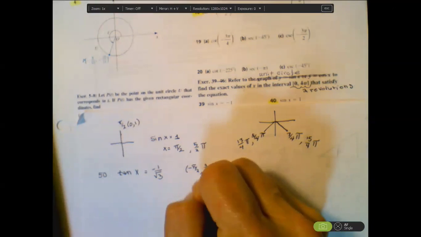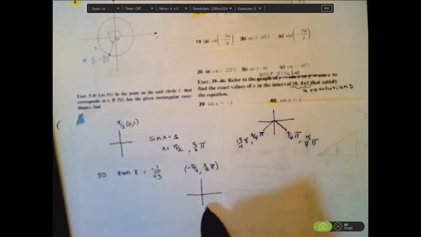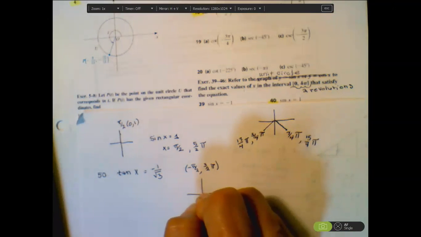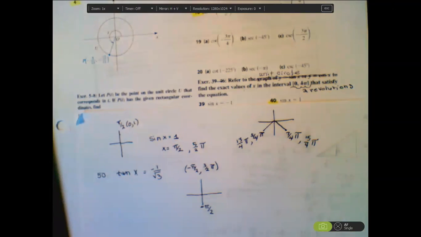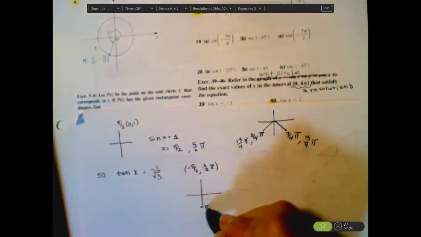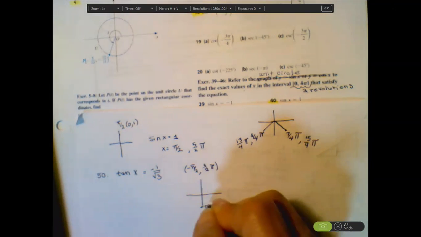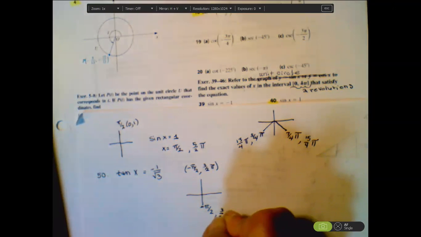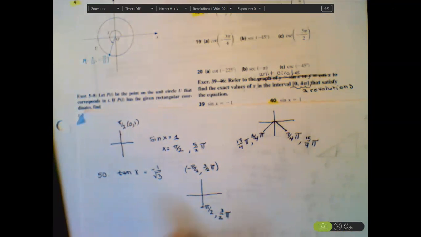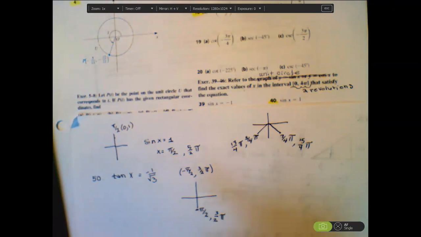So instead of calling the negative y-axis 3/2 pi like I normally do, I could call it negative pi over 2. Just go pi over 2 radians clockwise. And if I go around the circle again, 3/2 pi is coterminal with negative pi over 2. I just have to make sure I give the angles as values between these 2 numbers.